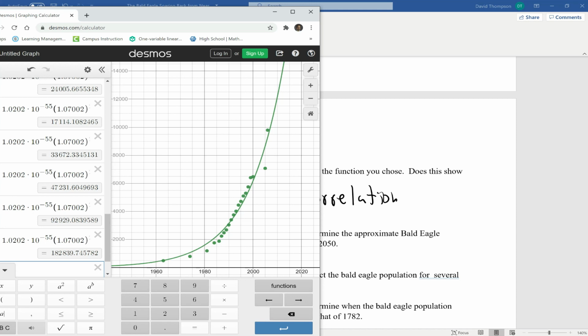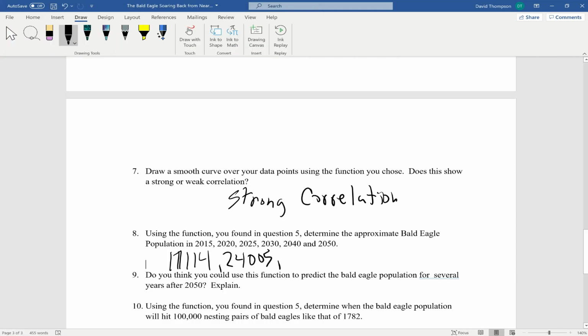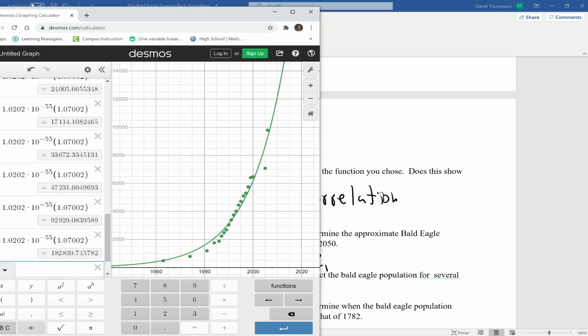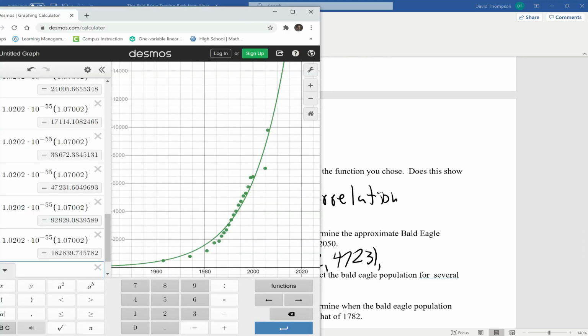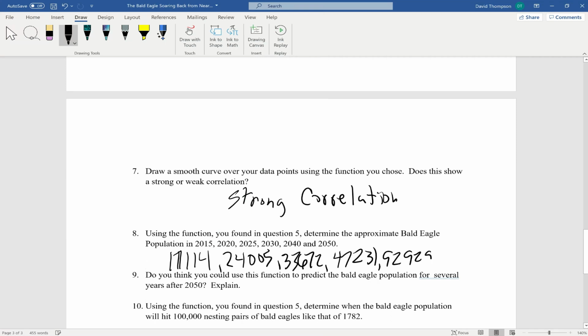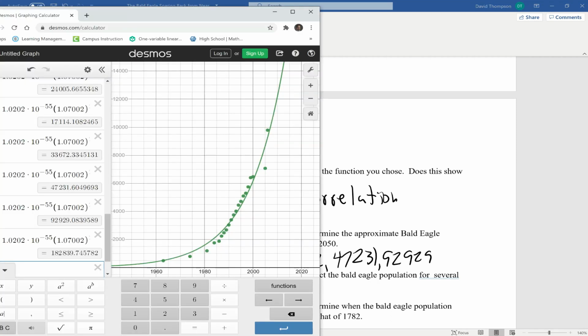Then we have 33,672. Then we have 47,231. Then we have 92,929. Then we have 182,839.